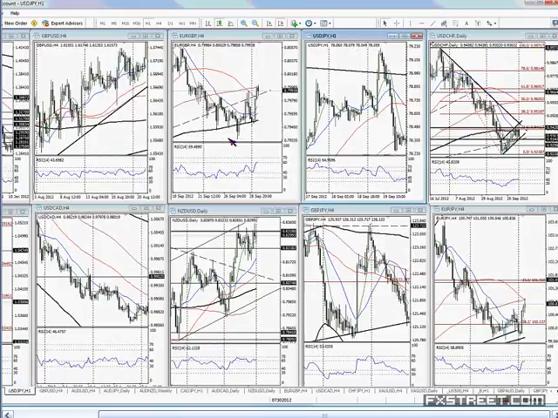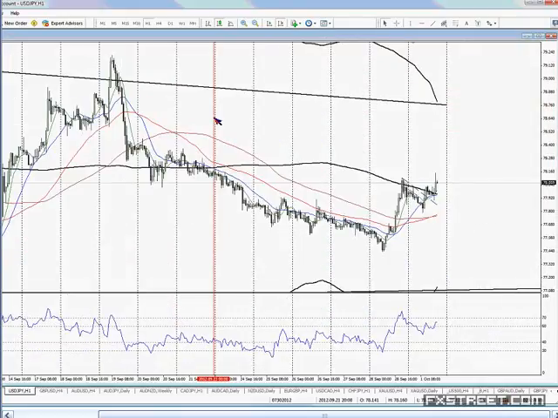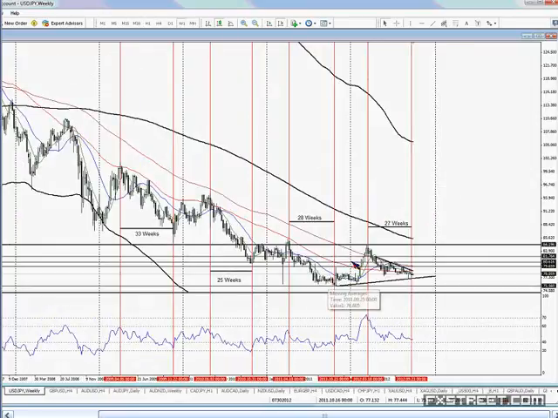Now for the dollar yen, I've been waiting and stalking this pair for quite a while now. The main idea here is to go long. Let's start with the weekly chart. It seems like we are trying to find the bottom here from our historic low, 75.56.